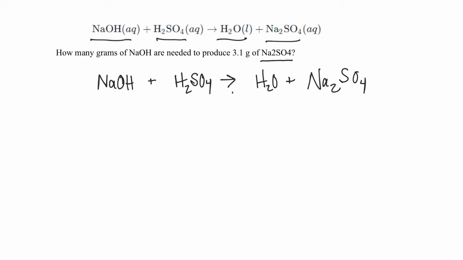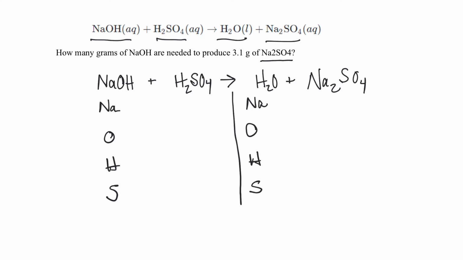And to balance, I'm going to put a line between the reactants and products because I want to know that I have the same amount of atoms in my reactants that I have in my products. And so then I'm just going to list these. I always put them in the same order so I can just look across and make sure that I have the same amount when I'm done balancing.